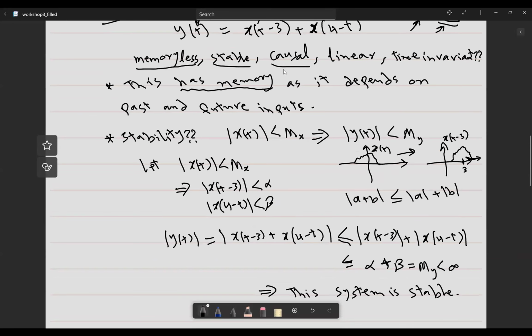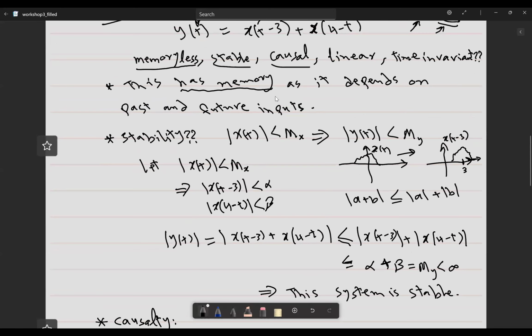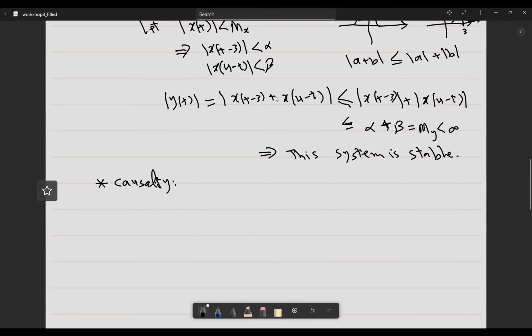The next property is causality. I think there's an i here, I'm not sure.